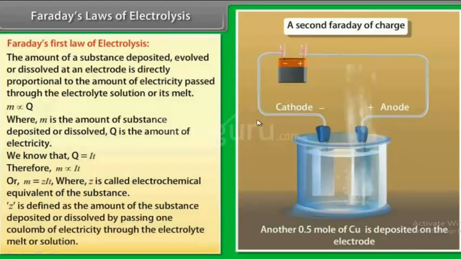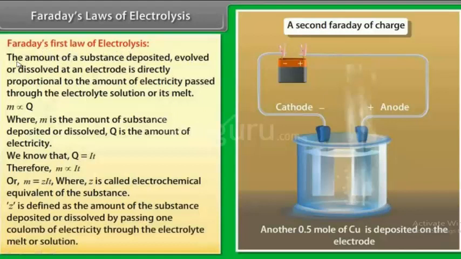So the question is, what amount of substance is deposited or dissolved at each electrode? About that, scientist Michael Faraday said that this amount of substance is directly proportional to the amount of supplied current, and this is known as Faraday's first law of electrolysis.